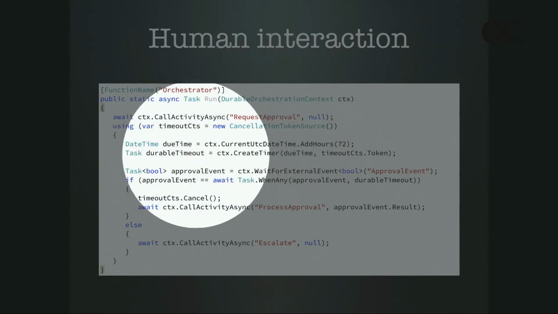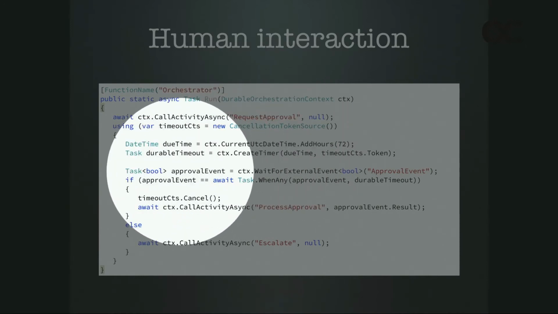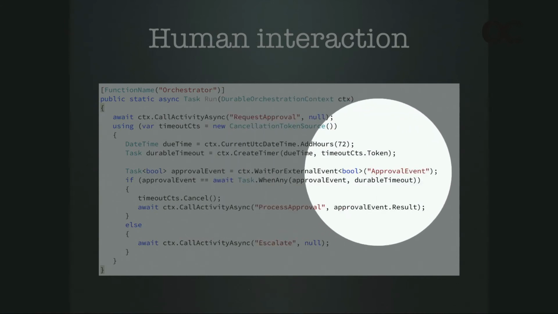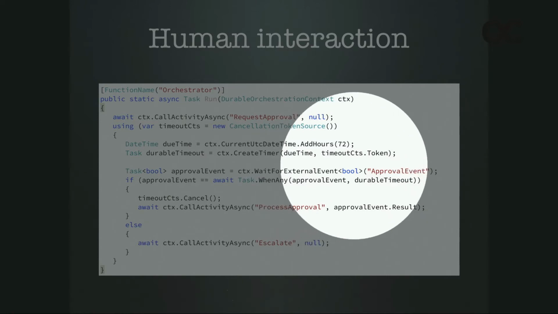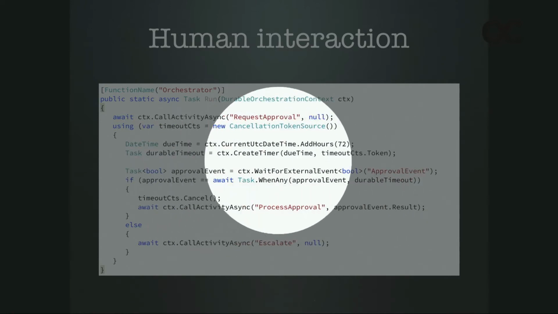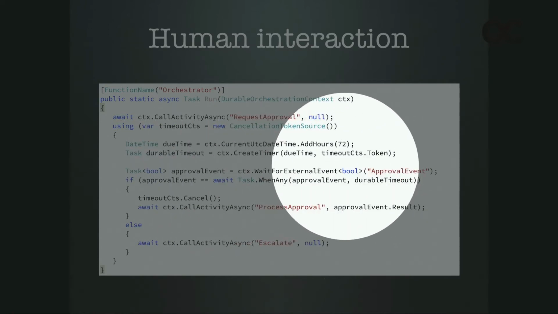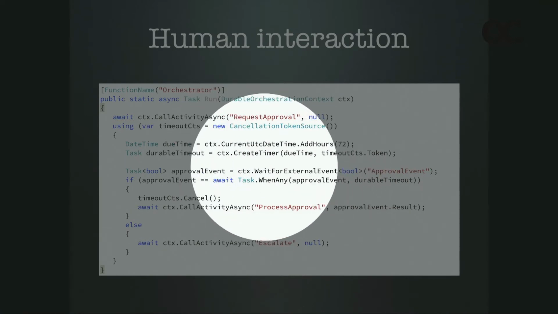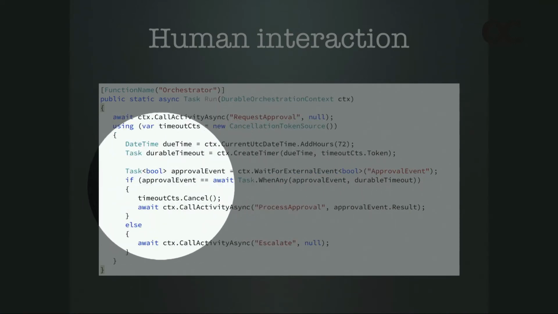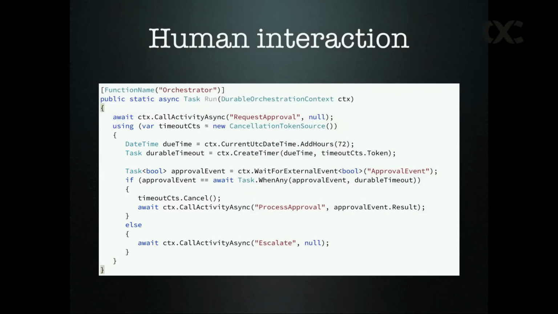That's a durable timeout. We just create some timer, and then we wait here. We create an approval event, and then we create a second one, the timeout up there, and then we do task when any. And then when one of those completes, we check which one.